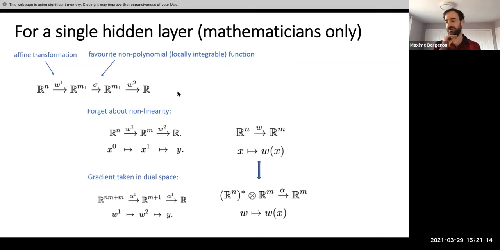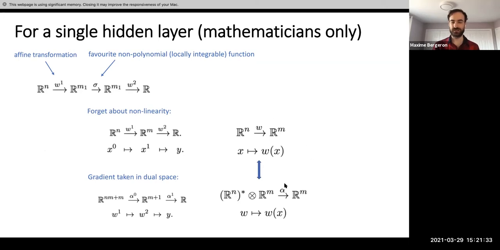So what am I saying when we're taking the gradient? Basically, let's forget about the nonlinearity just for simplicity. So we have two affine transformations. And if X is the input here, we apply the transformation, we get X1. We apply the transformation, we get Y. And what we're really doing is we're taking the gradient in the dual space.